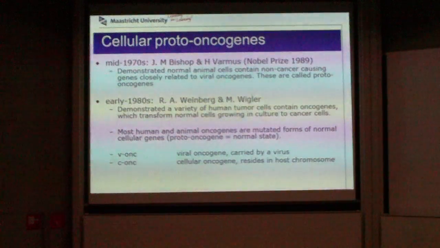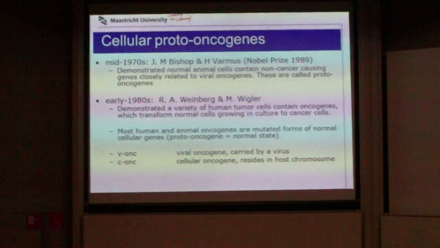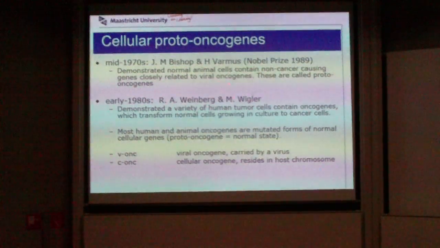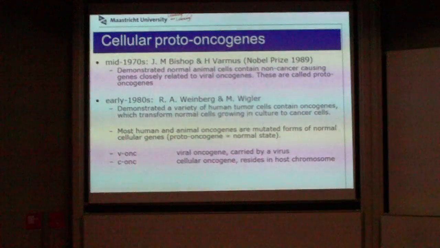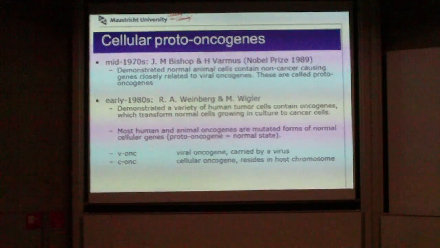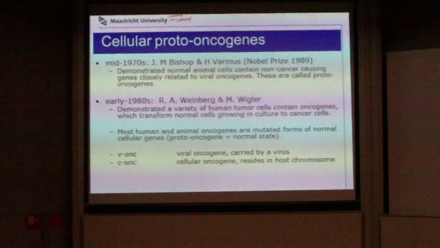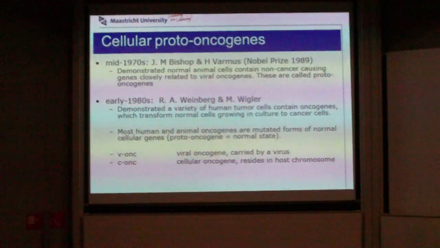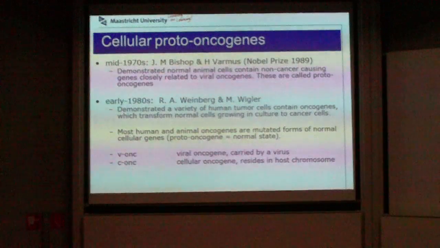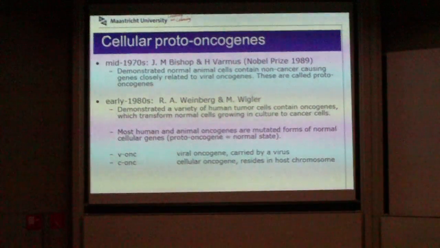But we also know that normal cells contain non-cancer-causing genes that are closely related to these viral oncogenes, because otherwise they could never perform such an action, of course. These are called proto-oncogenes. They are like oncogenes, but they are proto because they are not yet oncogenes. They have to be activated.